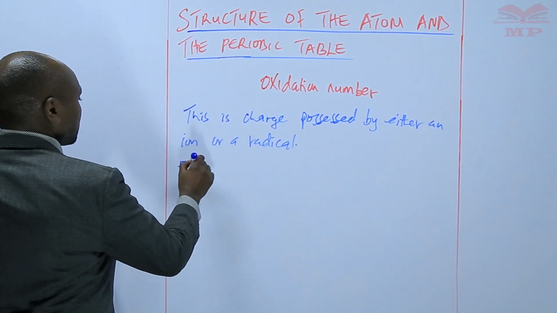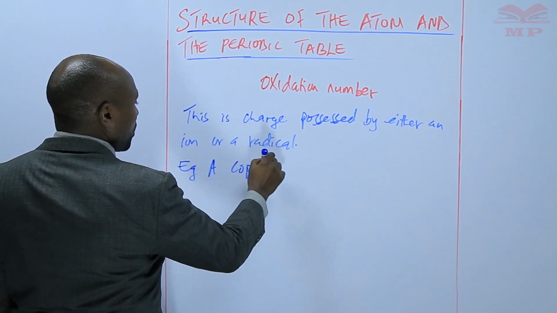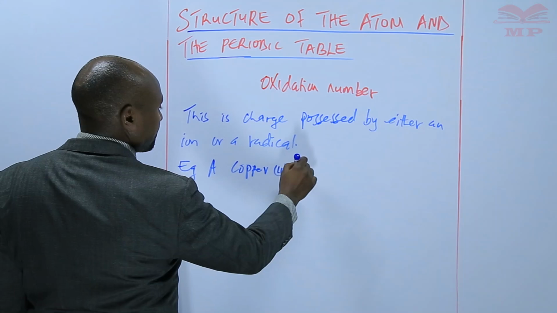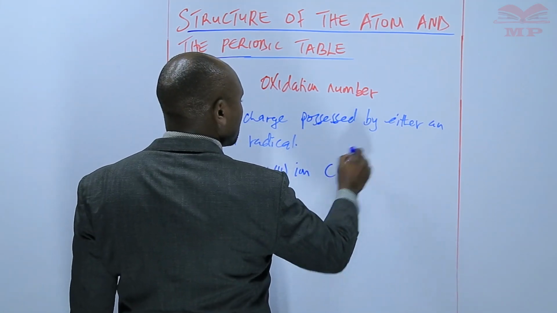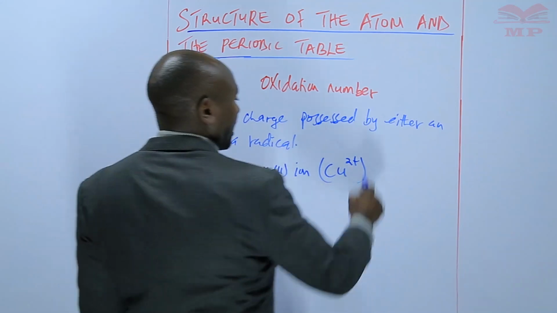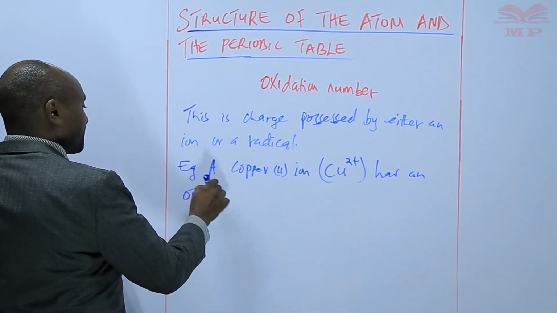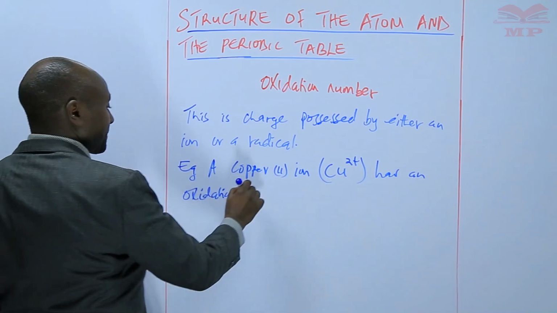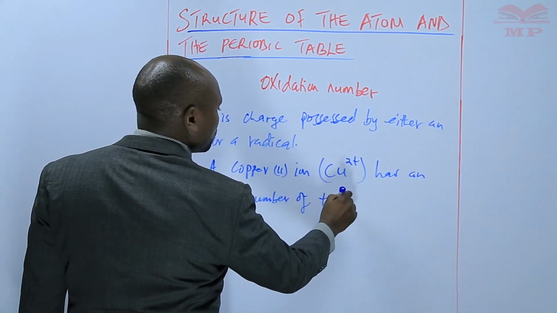So for example, a copper 2 ion, written as Cu2+, has an oxidation number of +2.